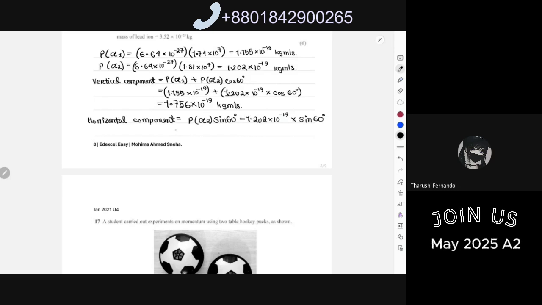Okay, please recalculate this and let me know the value over here. Okay, 1.041 × 10^-19.